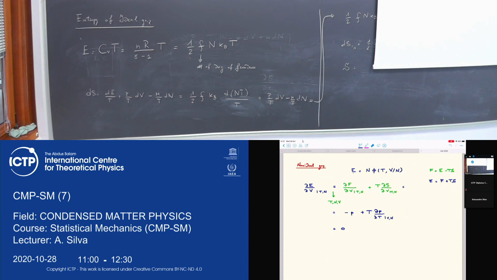If you have a free expansion, how is the temperature changing with the volume? And all of this for a gas that is not ideal, but described by the van der Waals equation of state. That is going to be our last exercise in thermodynamics. After that, we will start with statistical mechanics. So next time we will do this exercise and we will start with statistical mechanics.